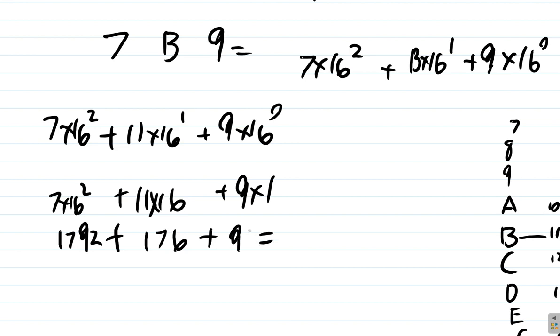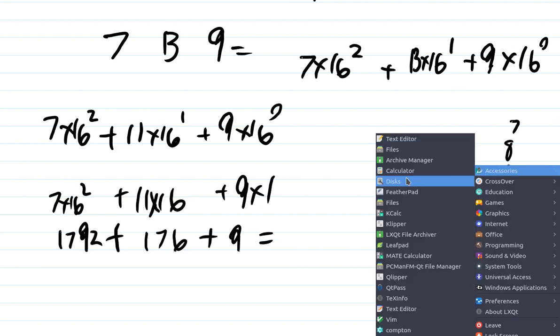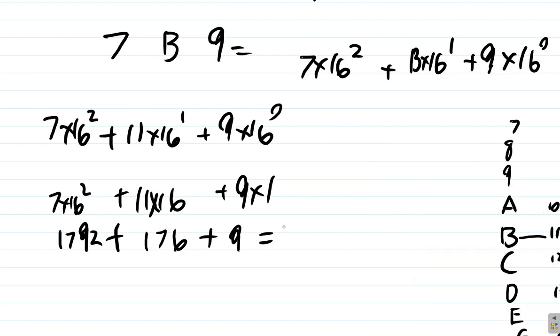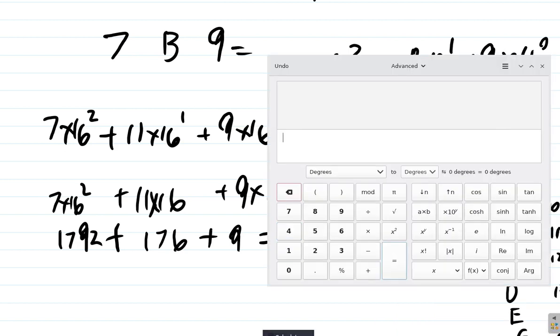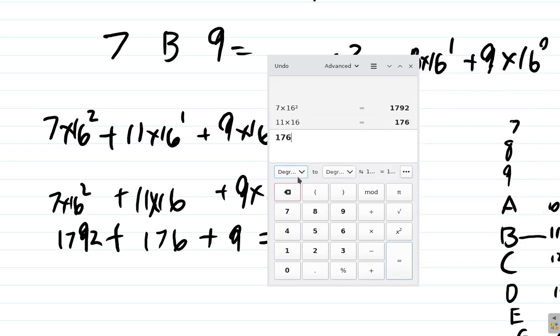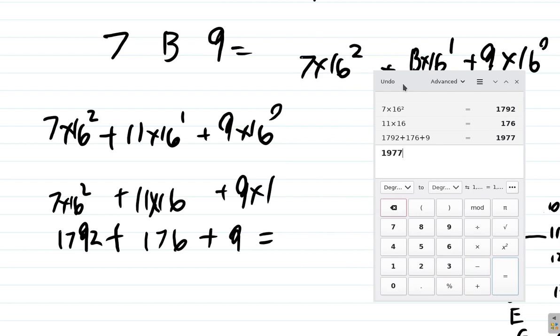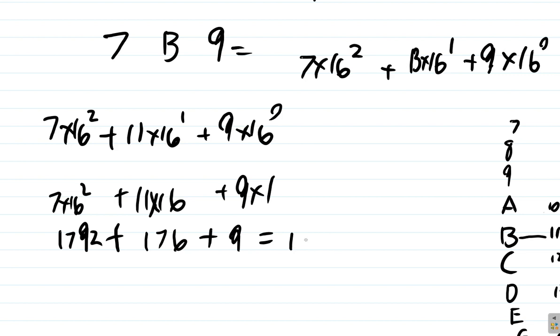So when we add them all up now, let us add up these numbers and see what we get. 1792 plus 176 plus 9 equals 1977. 1977 is what we get.